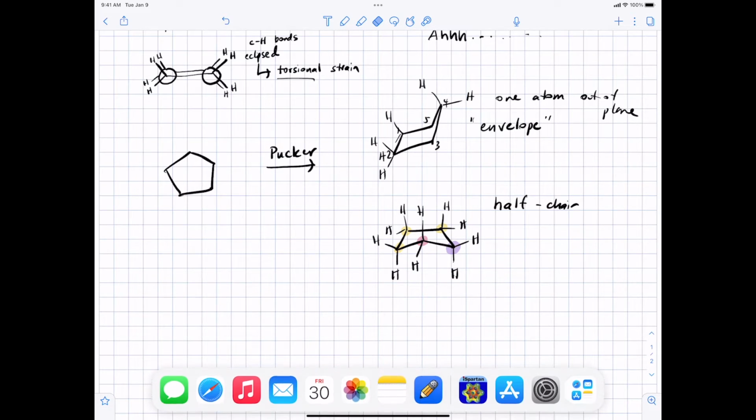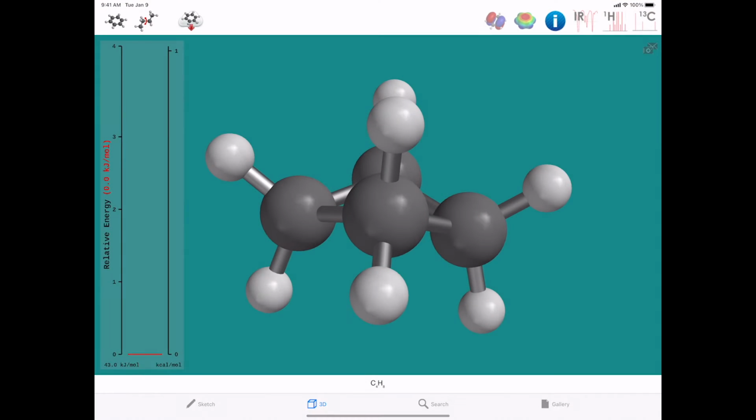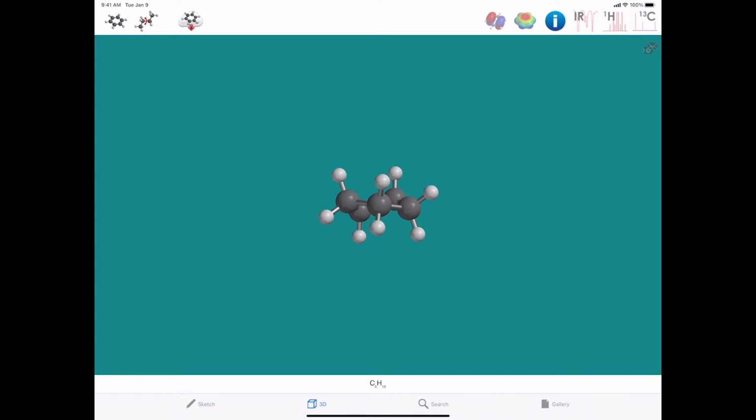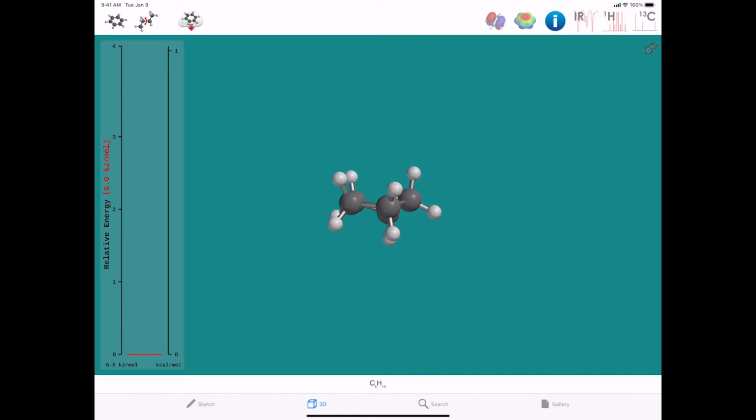And we can look at the half chair. I'm not sure Spartan will give us the envelope conformation. It may just give us the, dang it. Oh, hold on. May just give us, yeah. So Spartan's going to show us the half chair conformation.